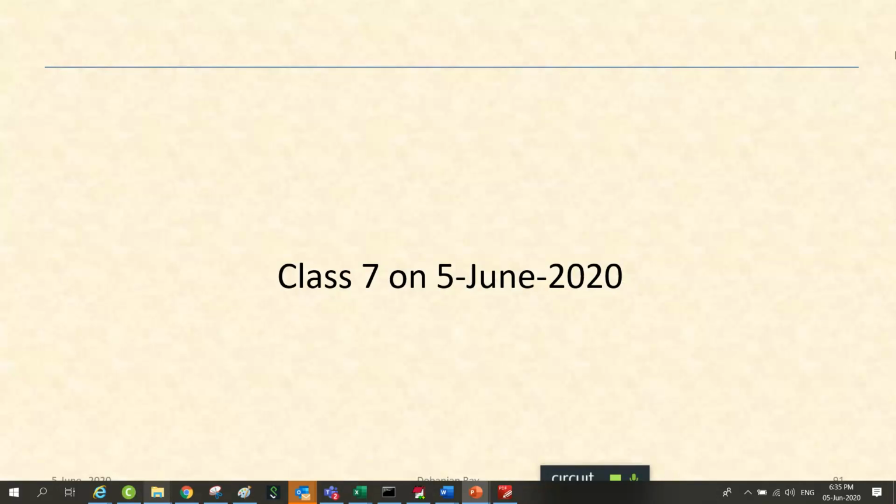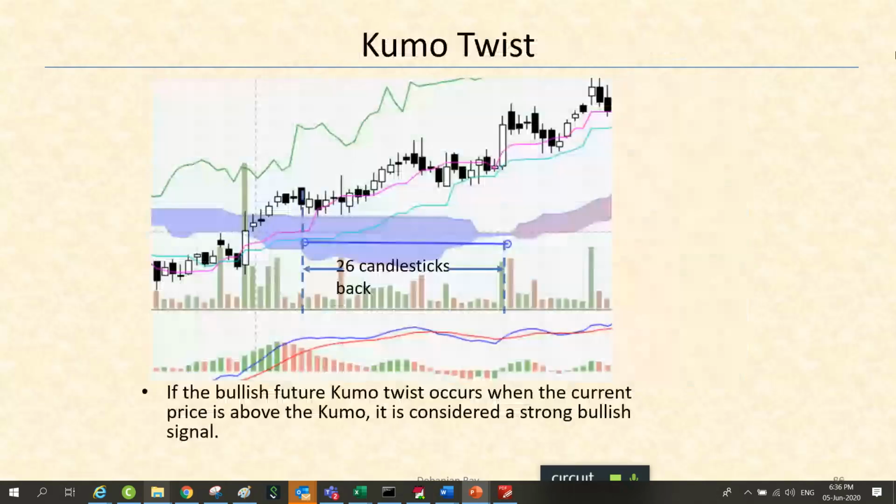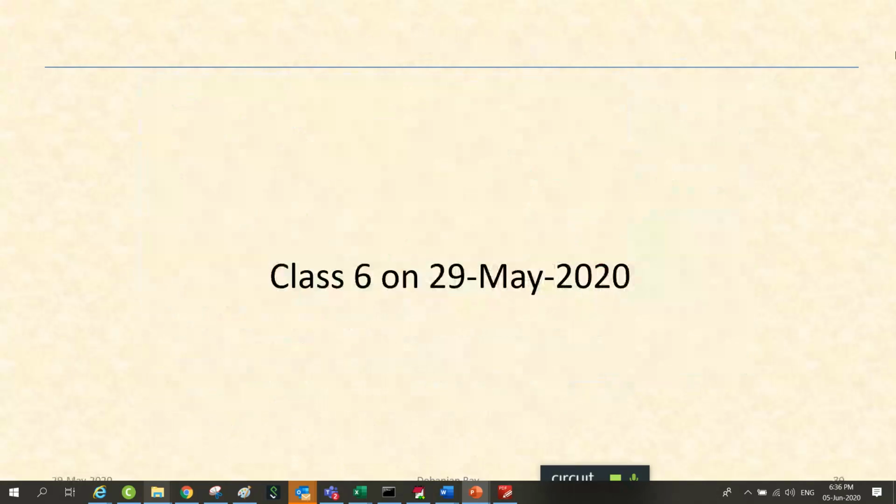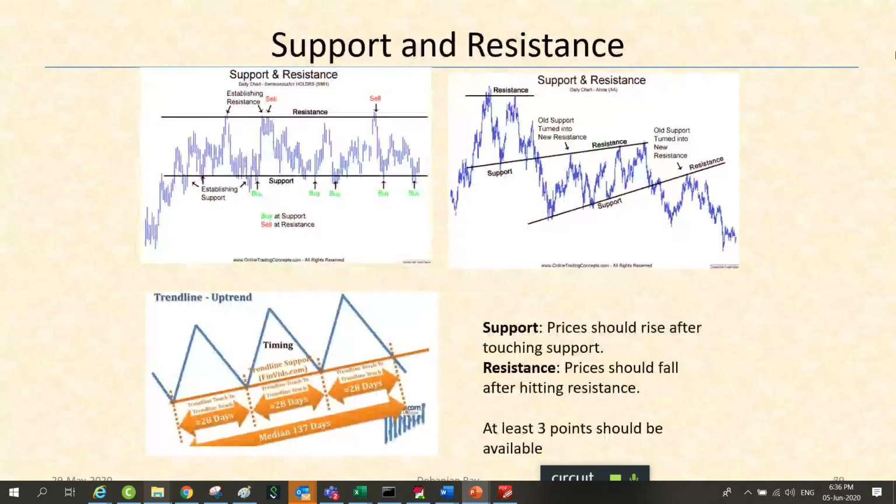Okay, so let me have a small recap of the last session. Recap is always good. I think we started from this one. In the last class, what we have learned is support and resistance, and we knew how to use it when drawing certain lines, and then when to buy and when to sell.